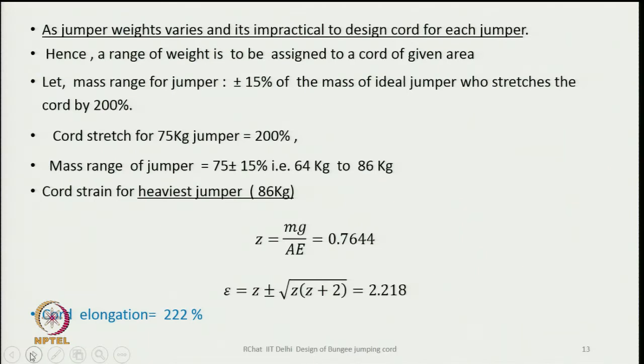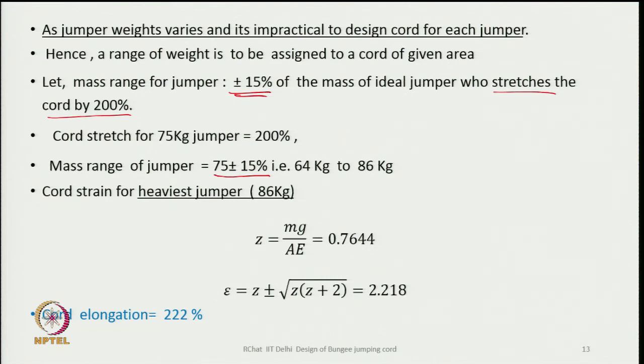but there are people who could be heavier. So, let us say the mass range of jumper is plus minus 15% of the mass of the ideal jumper who stretches the cord by 200%. So, for the mass range of jumper 75 plus minus 15, that means it is going to be 64 kg to 86 kg. That is the range of weight.